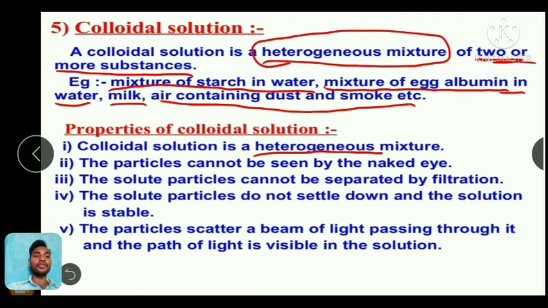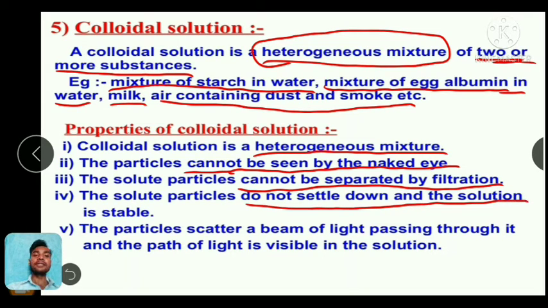These are heterogeneous mixtures, and their particles also cannot be seen by the naked eye, cannot be separated by filtration, and do not settle down, and their solutions are stable. In a colloidal solution, these properties are completely or a little different compared to what we studied in heterogeneous mixtures.